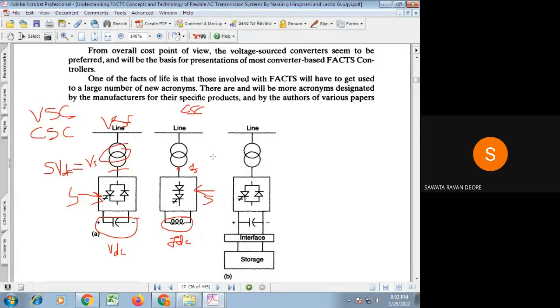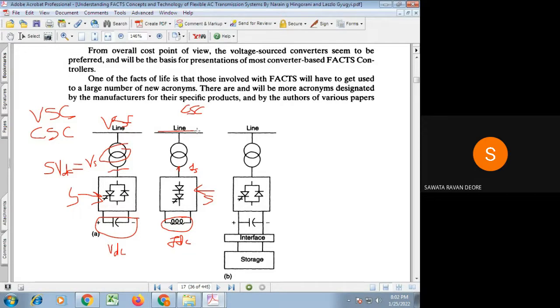And now when this AC side current is passed through the leakage reactance of the coupling transformer, the voltage will be established, and then according to the transformation ratio of that coupling transformer, that voltage gets transferred to the level of your line voltage.